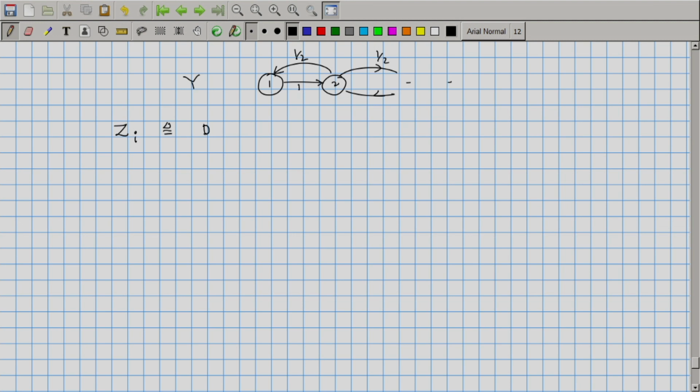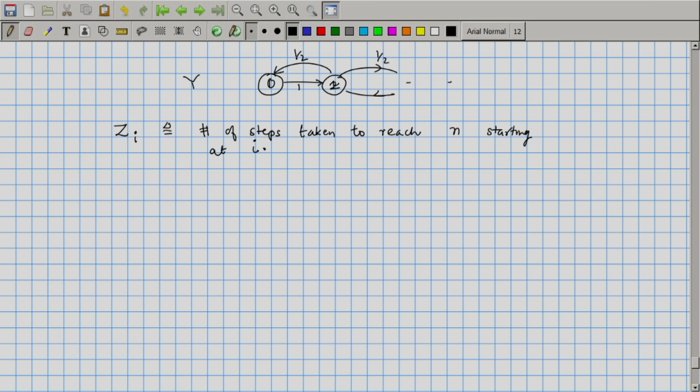So, this denotes the number of steps taken to reach n starting at i.